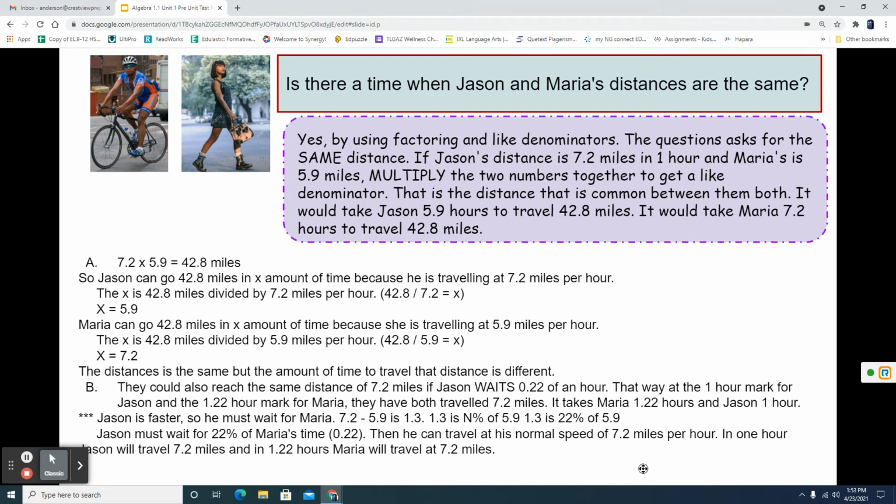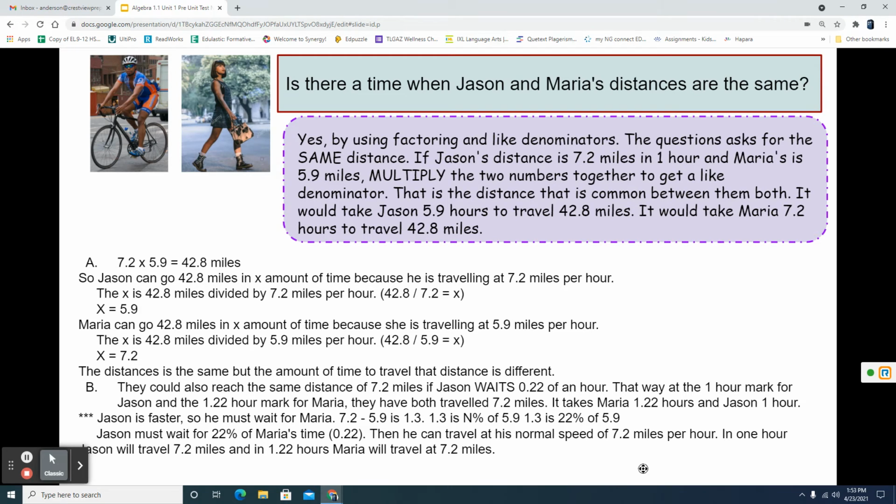Jason would have to wait about 12 minutes or so, or 0.22 of an hour before he can start out. That way he would reach that 7.2 miles at the exact same time as Maria.